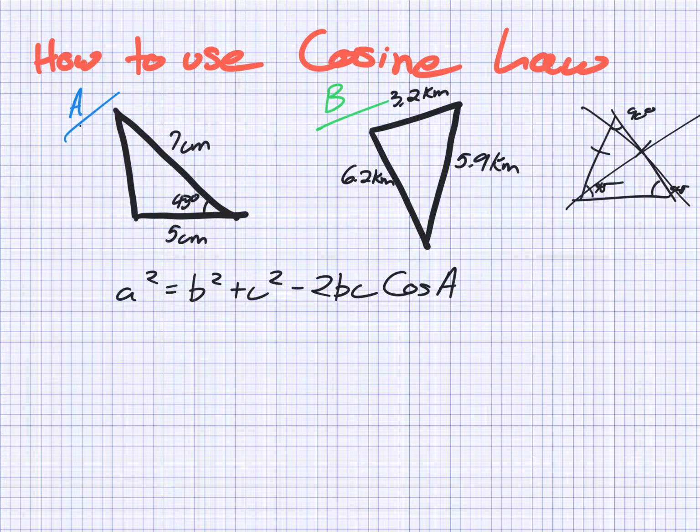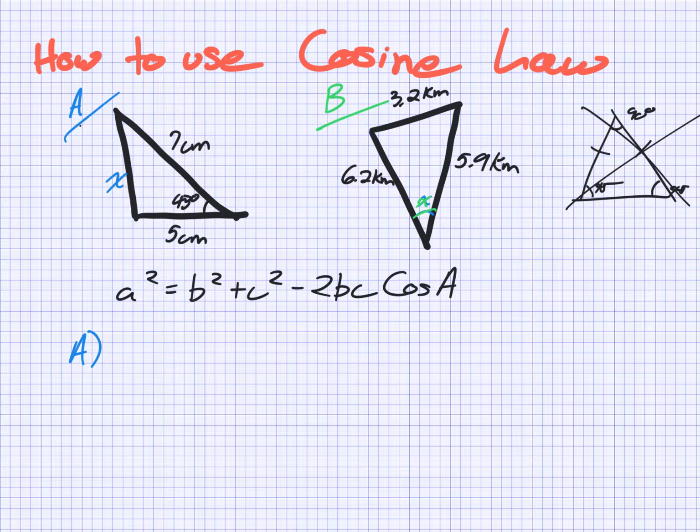So let's say in this scenario here, we are going to be looking for x. Those will be our unknowns. So scenario A, we're looking for that unknown side there.